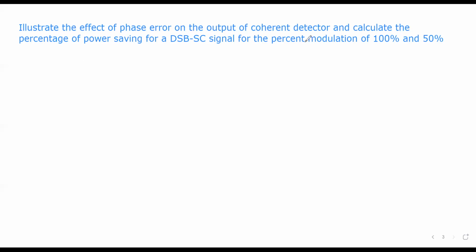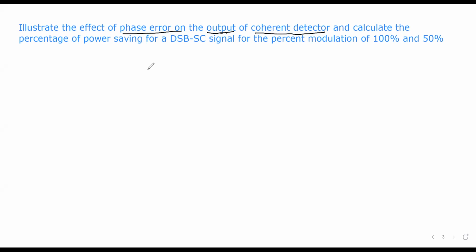So in order to calculate the phase error, the given one is the coherent detection. We have to show the output of coherent detection and the effect of phase error on it. We have already seen this. We have got the phase difference phi, and because of that we have got the extra term cos phi.